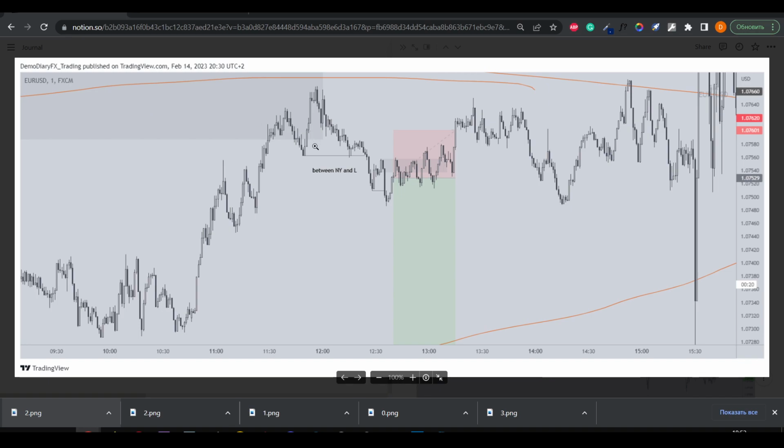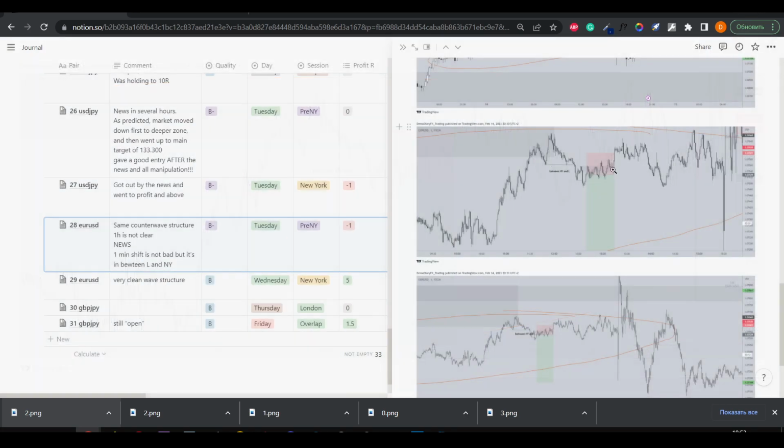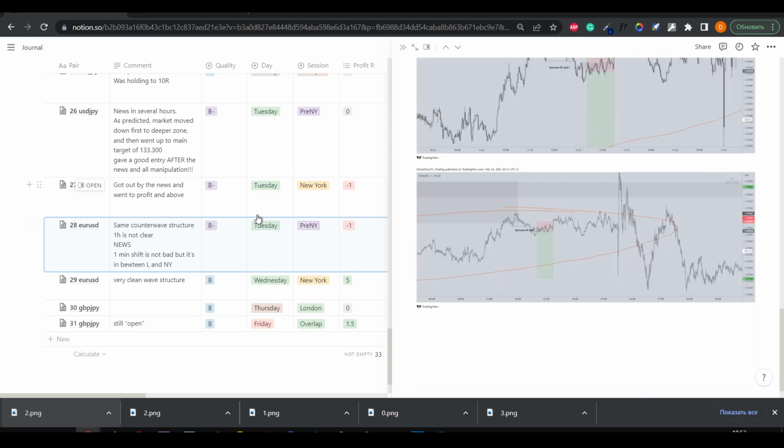So you see how it looked on 1 minute. Yes, the shift is really clear. One shift and a second shift with a nice zone, and it just didn't win. It just continued the box until the news dropped, then took out everyone here and there and went even higher, you see, through the zone, and then went lower.